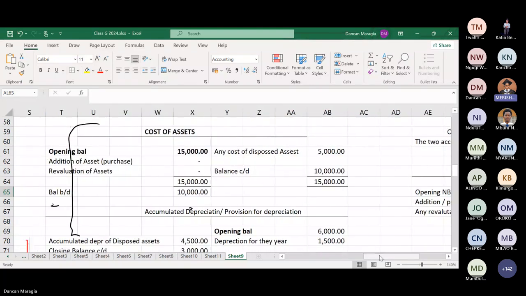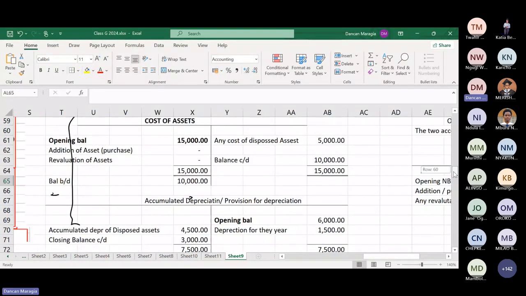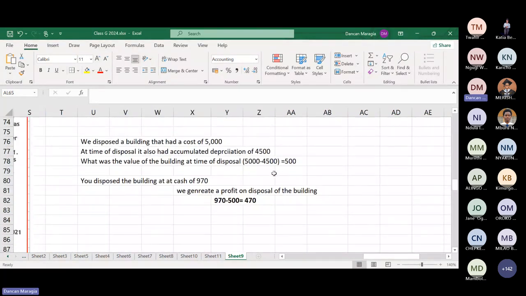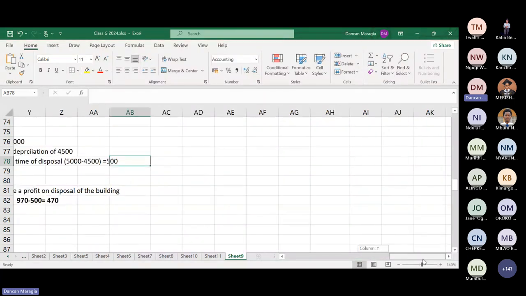Was it the 500? 500, because the remaining value of the asset that was disposed, value of the building at time of disposal, is usually the net book value. Because net book value is anything net of cost and accumulated depreciation. So 500.